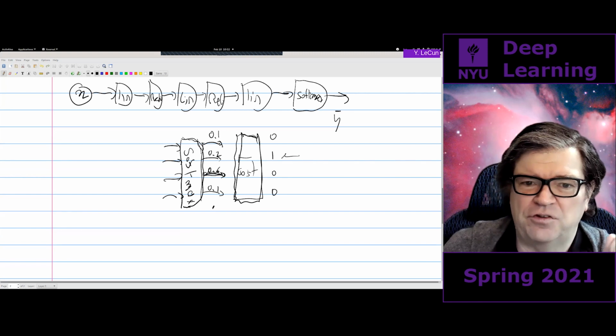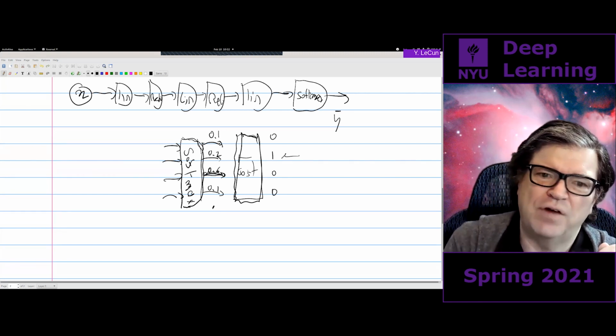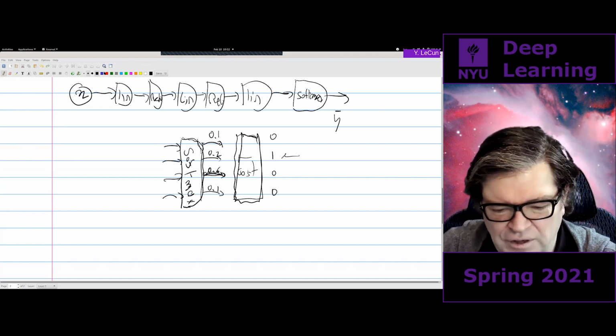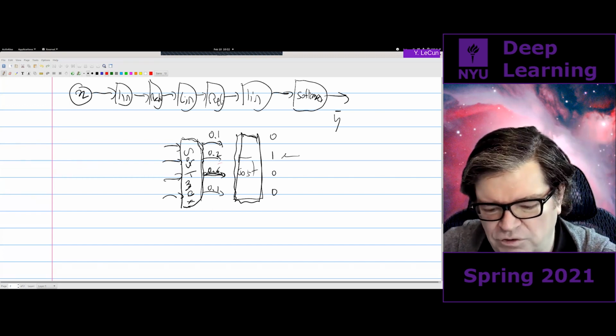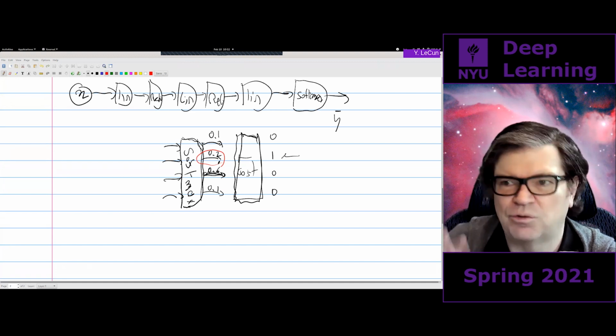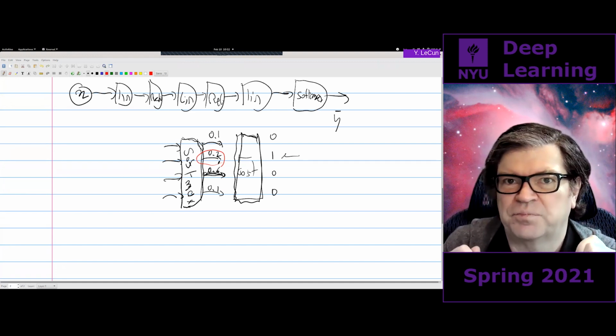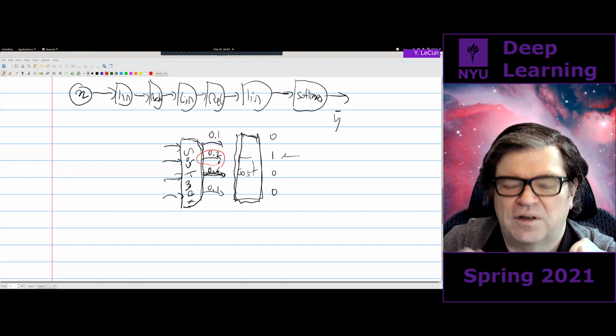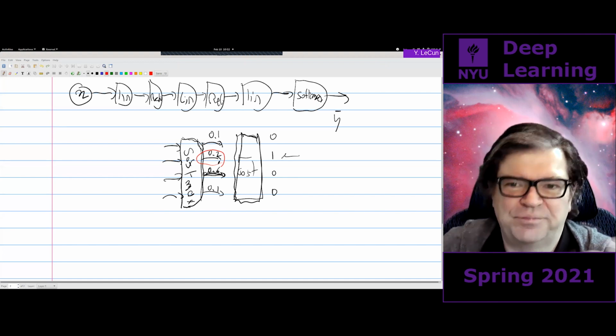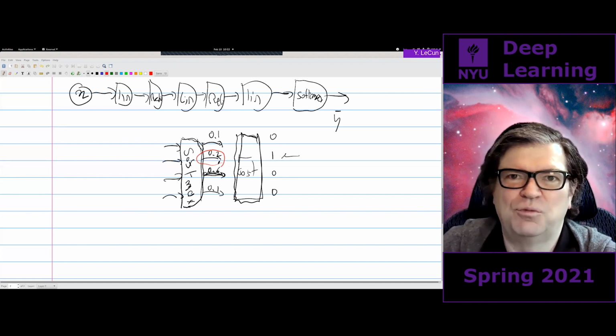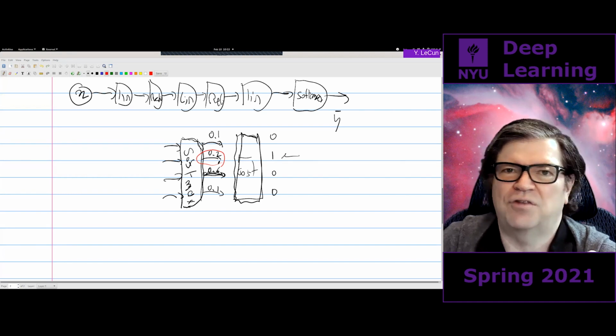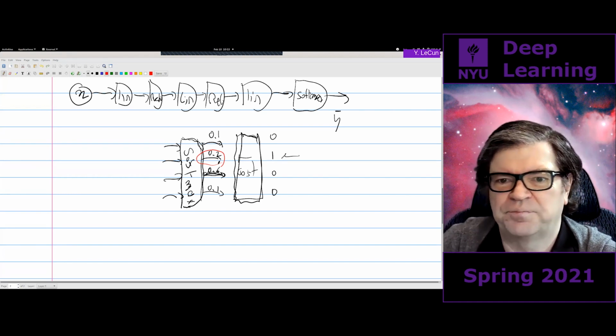Because they are normalized by their sum, they compete with each other. So if the network wants to increase the value of the second output here, which is the correct one, it will have to decrease the other ones because it's normalized. Okay, and that's the advantage of softmax for classification with mutually exclusive classes.